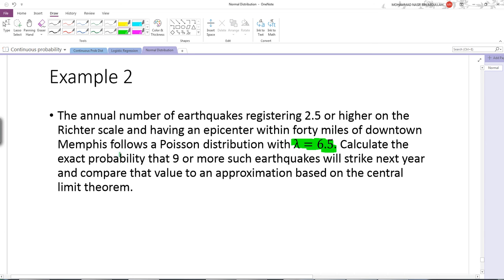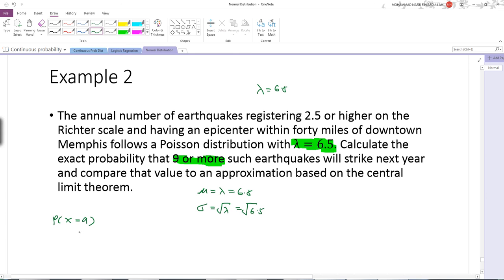Calculate the exact probability that 9 or more earthquakes will strike next year and compare the value to the approximation based on the central limit theorem. So lambda is 6.5, which is more than 5, so we can apply normal approximation. So mu is equal to lambda, which is 6.5, and sigma is equal to the square root of 6.5. We want to find the probability of x equal to 9.